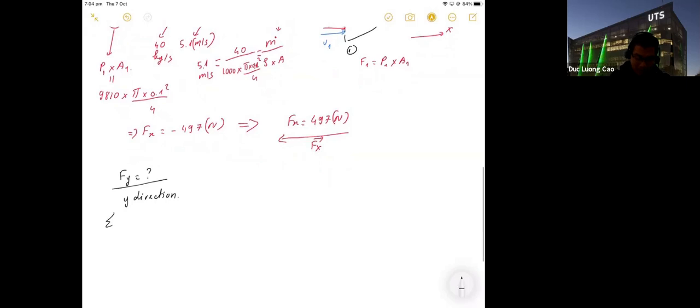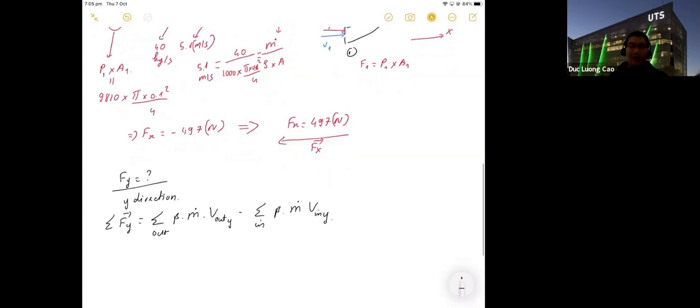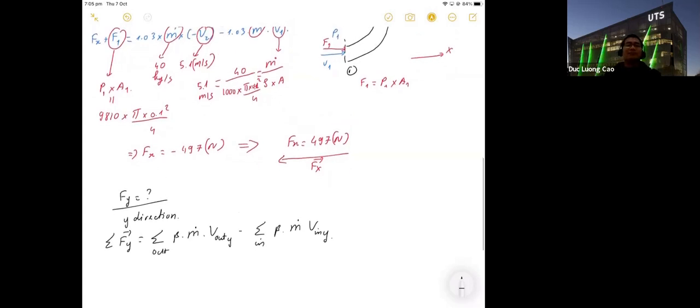You have sigma Fy equal to sigma out beta m v out y minus sigma in beta m v in y, for Fy.